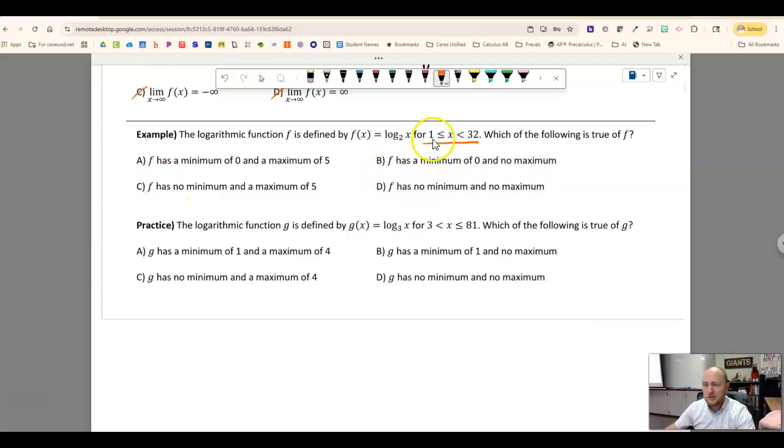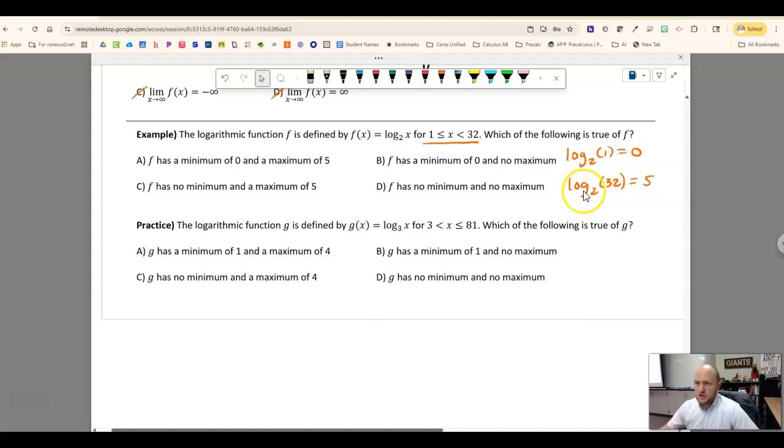So what I'm going to do, because it is a strictly increasing or decreasing function, is take these values and evaluate log base 2. I'm going to take that first domain value, 1. Well, that gives me 0. And I'm going to take 32, log base 2 of 32, and this is going to give me 5.